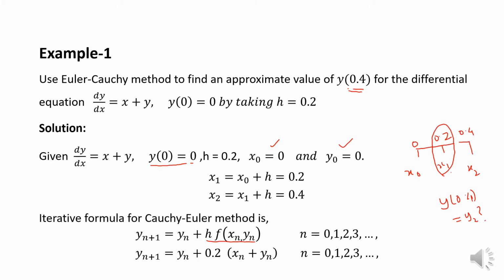Let us substitute the n value. N equal to 0 will give y1 is equal to y0 plus 0.2 into x0 plus y0. As our x0 equal to 0, similarly y0 equal to 0, so we will get 0 plus 0.2 into 0 is 0. Therefore, y1 equal to 0.